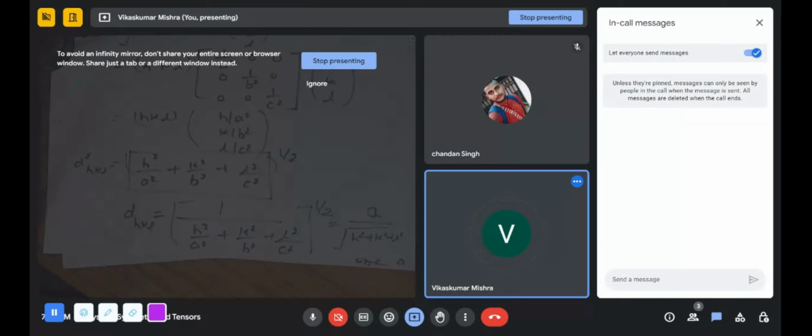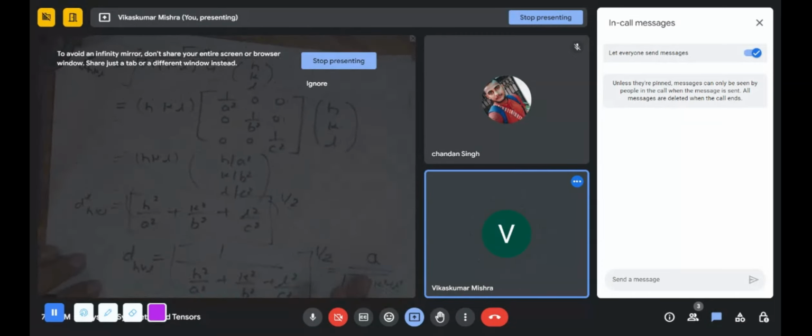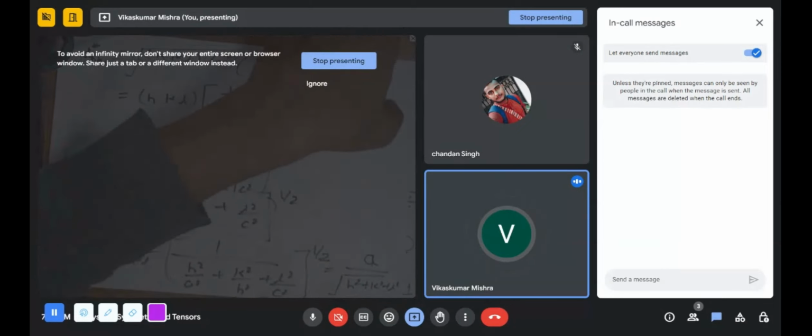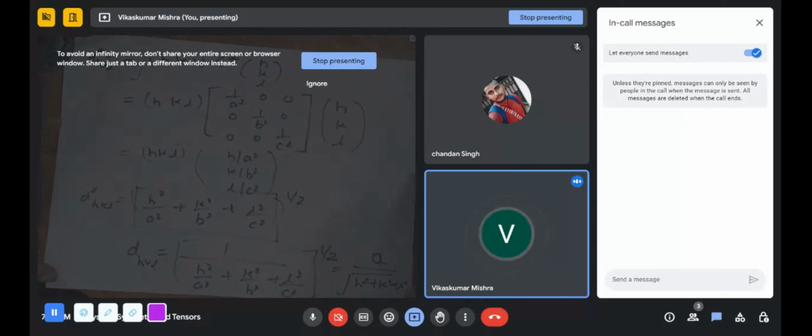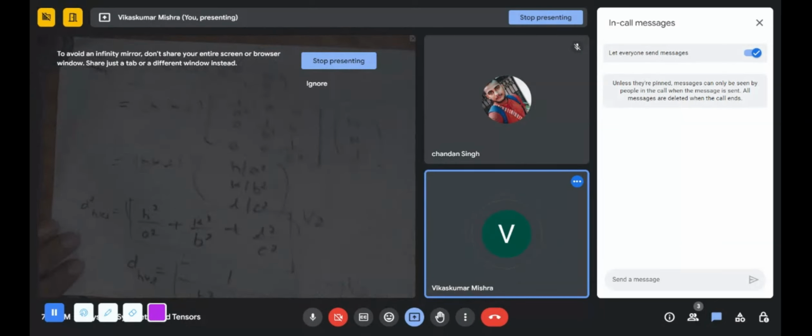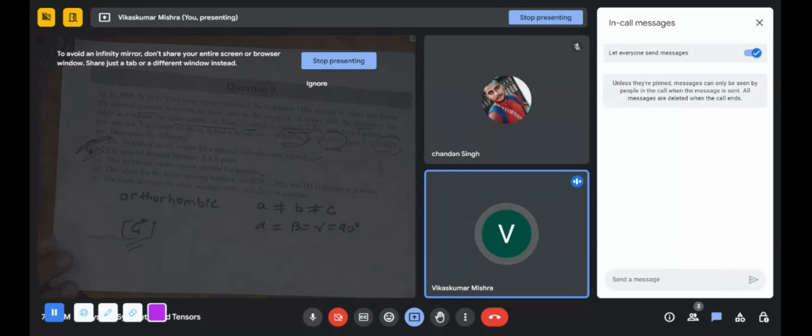If someone follows this same procedure, not only for orthorhombic, cubic or tetragonal, one can find it even for the most evolved system, that is triclinic. And that's how we have solved part B also.